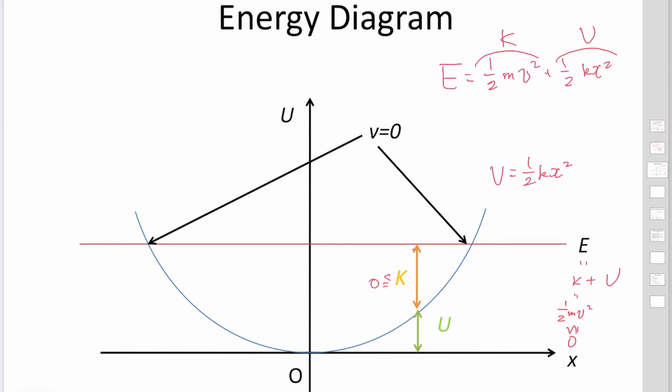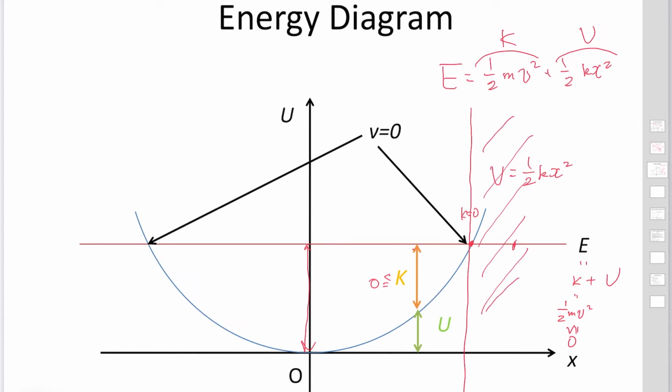So K is changing with the position. Here the maximum K is obtained. When the particle comes to this point, K is 0. When the particle comes to this position, it is not possible because K becomes negative. So the particle cannot get into this region.